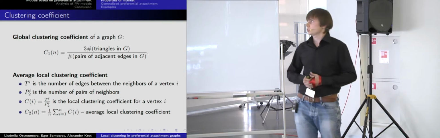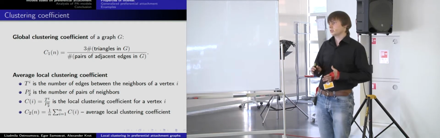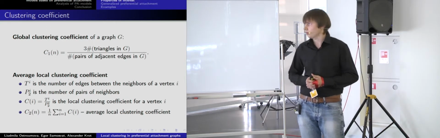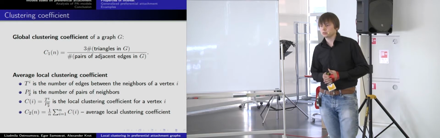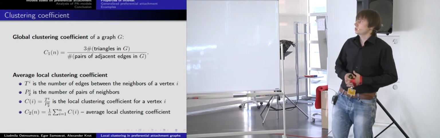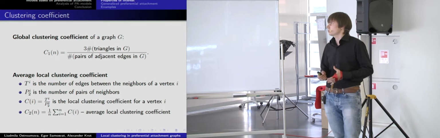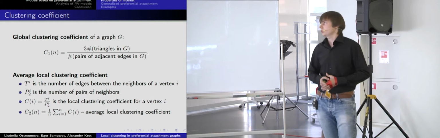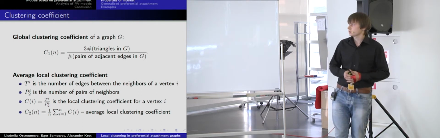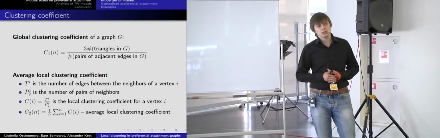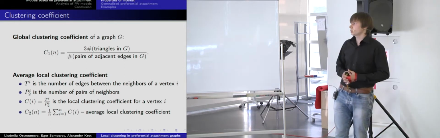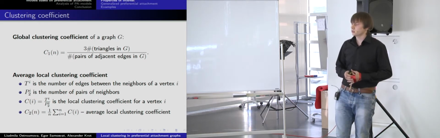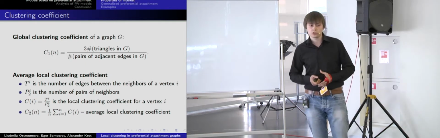The local clustering coefficient is much harder to understand, but it's only one number divided by another, where one is the number of edges between the neighbors of a given vertex, and the other is the number of pairs of neighbors of a given vertex. Dividing one by the other, we can calculate the local clustering coefficient for a given vertex, and then we can calculate the average local clustering coefficient.